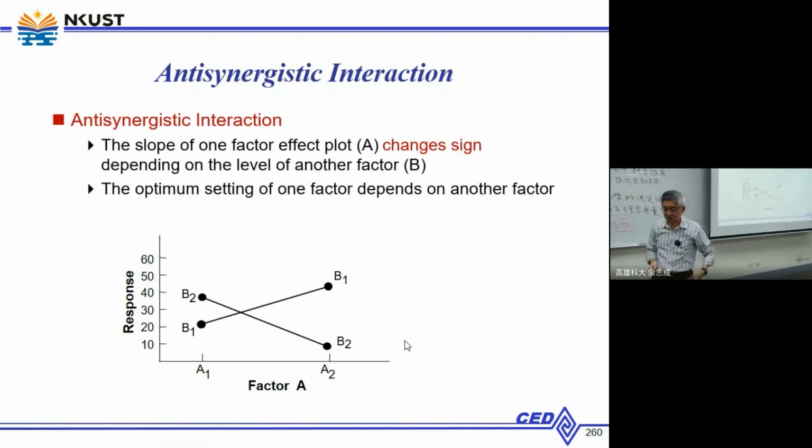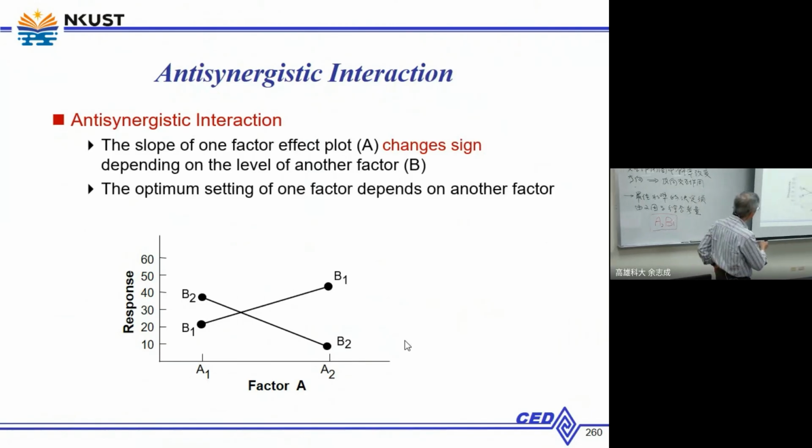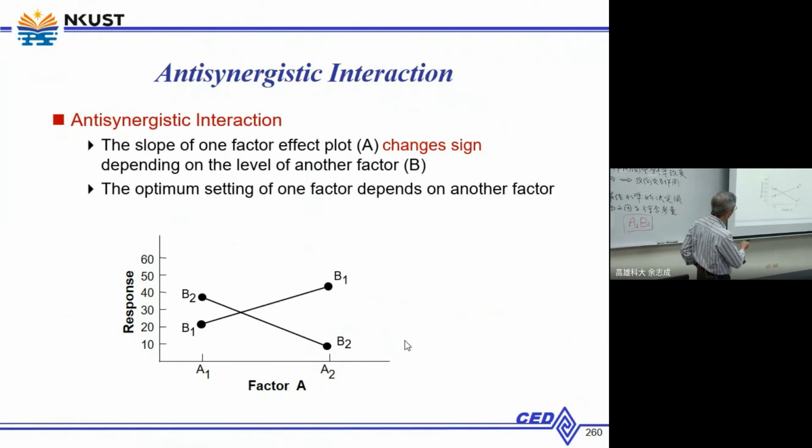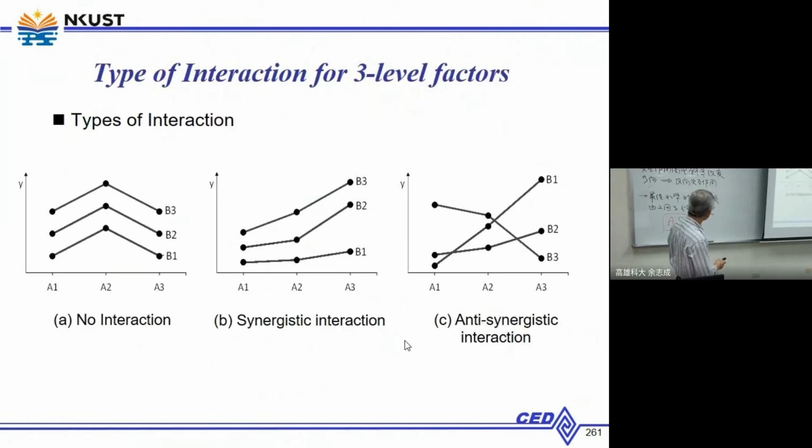So, if they are anti-synergistic, the slope of one factor will change sign. So the optimum setting for one factor will depend on another. The selection of A would depend on your selection of B. Therefore, we need to consider these two factors simultaneously.